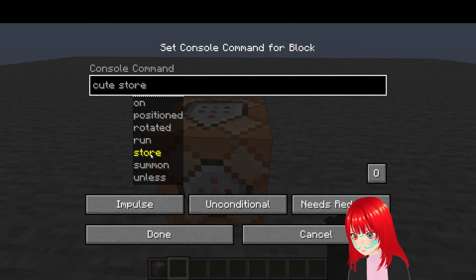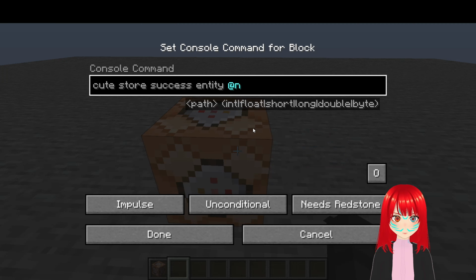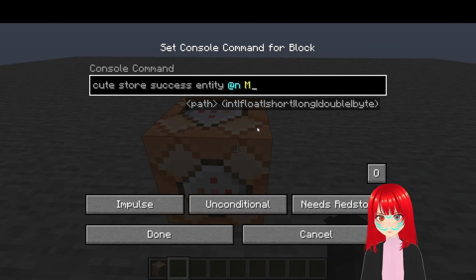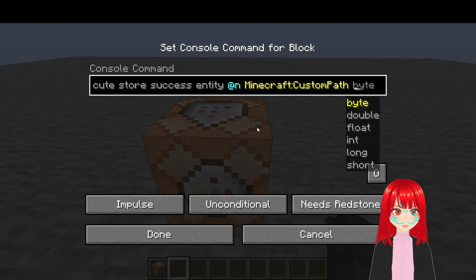Might be store. Let's check. Success, entity. Minecraft, anyway. Right.